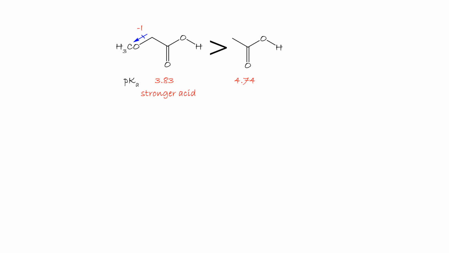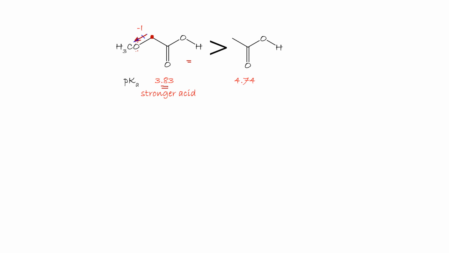In methoxyacetic acid, we have a CH2, so the lone pair is isolated, but the electronegativity of the oxygen will work via induction, so it will be an electron withdrawing effect on the carboxylic acid, and of course will stabilize its conjugate base.